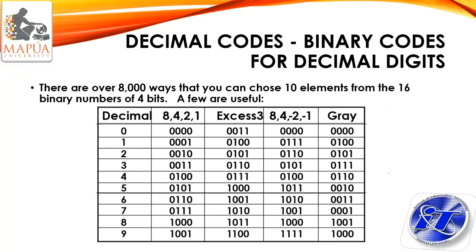So for example, we start with decimal 0 equivalent to 000. We don't care which bit will change as long as only one bit becomes 1. In this example, from 0 to 1, only one bit changes. From 1 to 2, this position changes. From 2 to 3, this position changes from 0 to 1.